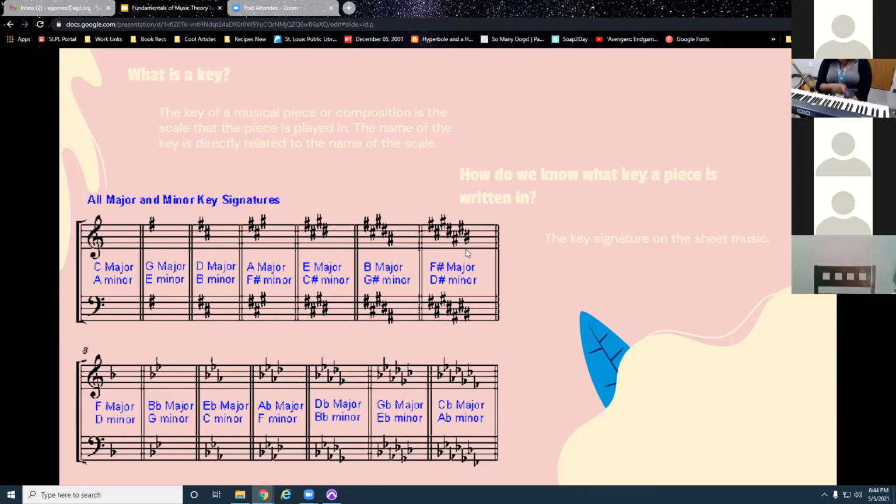So even though A minor and C major and D flat major and B flat major have the exact same sharps and flats, the order of those chords, those chord progressions, are going to be different. They're the same exact notes, but the order is different. That's how you'll be able to tell the difference.